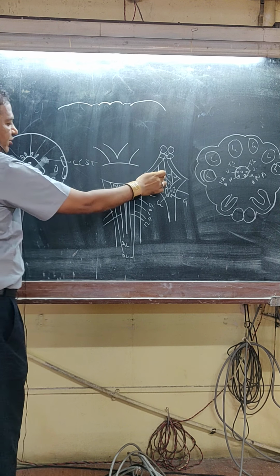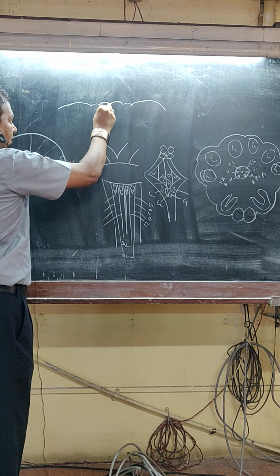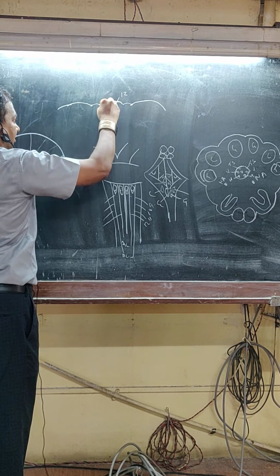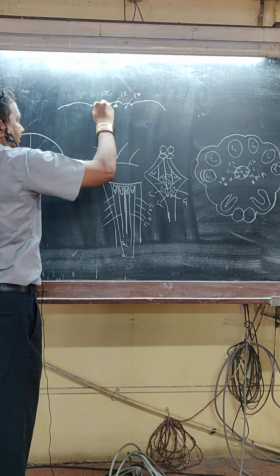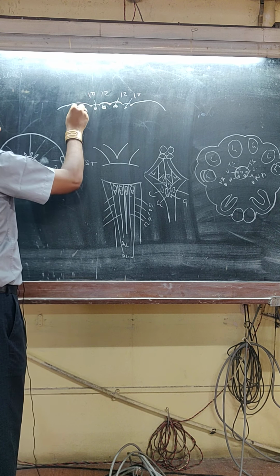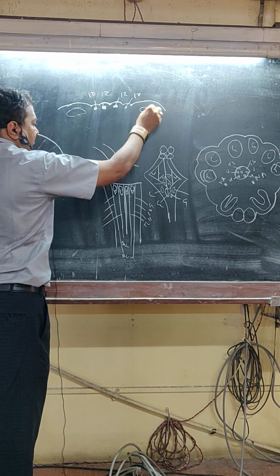So I draw the hypoglossal nerve nucleus, vagus nerve nucleus, and here the vestibular nucleus.